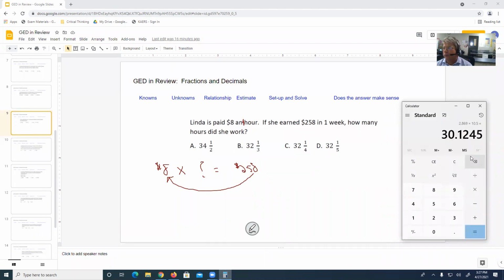So if I go 258 and I divide that by 8, that gives me 32.25. And we talked about that 25 is like a quarter. So 32 and a quarter, that's going to lead us to C as our answer there. So 32 and a quarter. An estimate's not real very helpful here since the numbers are all so close together.